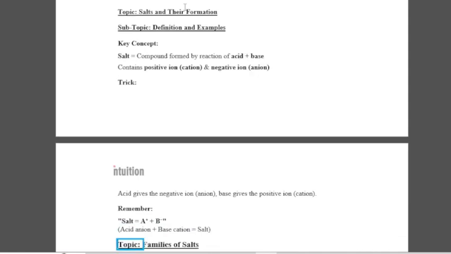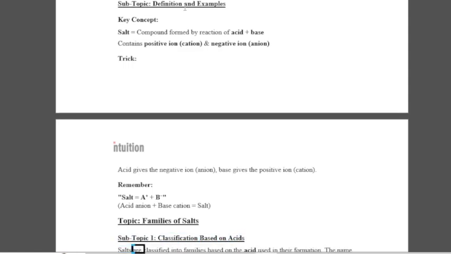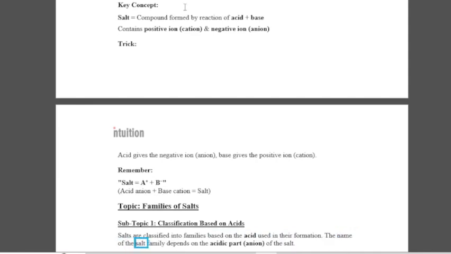Topic: families of salts. Subtopic 1: classification based on acids. Salts are classified into families based on the acid used in their formation. The name of the salt family depends on the acidic part, the anion, of the salt.